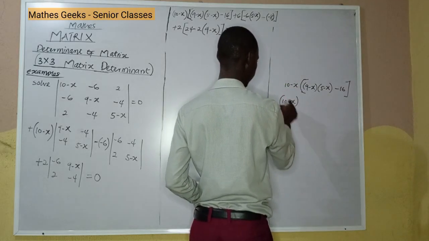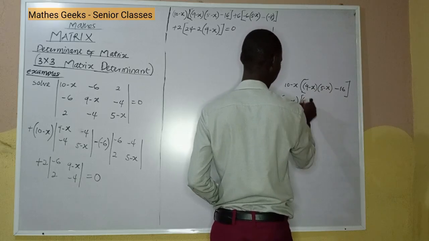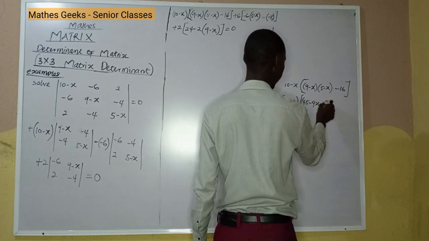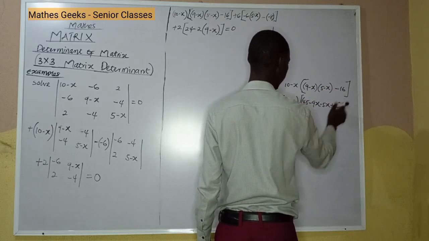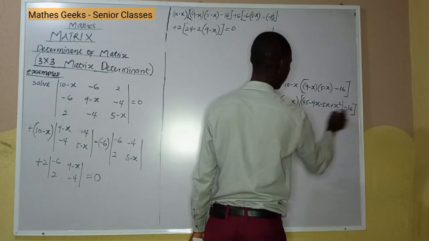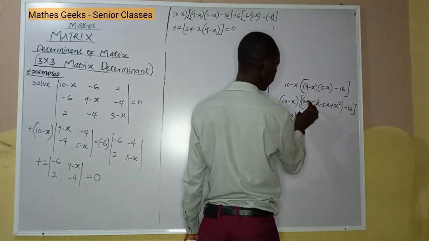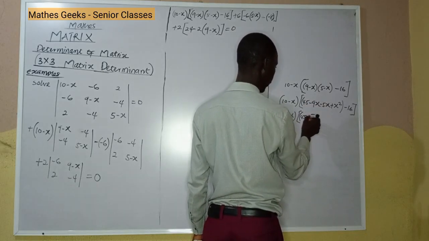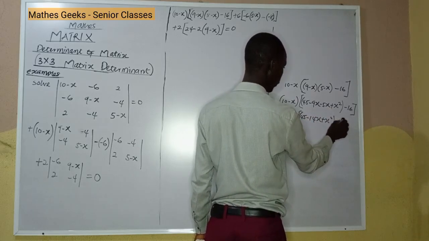10 minus x. 9 times 5 is 45, 9 times minus x is minus 9x, minus x times 5 is minus 5x, minus x times minus x is plus x squared, minus 16. So that's 45 minus 9x minus 5x, minus 14x plus x squared minus 16.